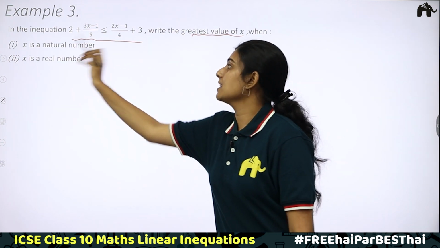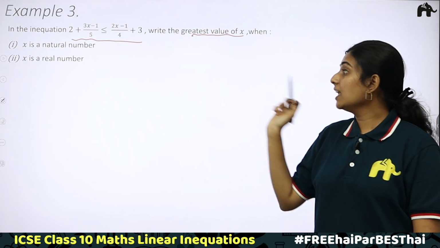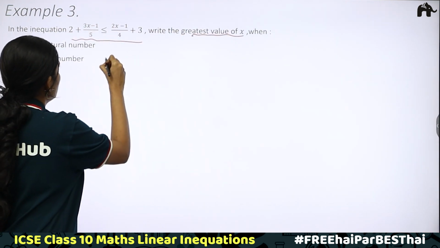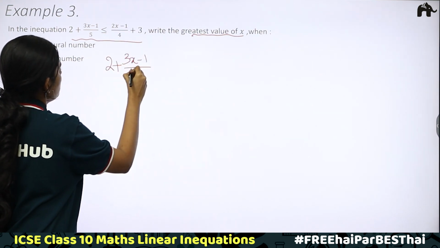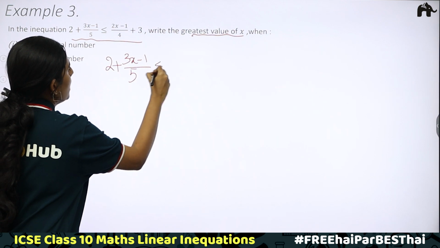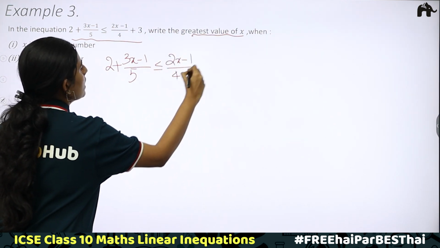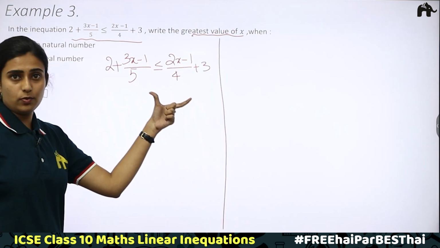First condition is x is a natural number and the second part the condition is x is a real number. We have the inequation 2 plus 3x minus 1 divided by 5 less than or equal to 2x minus 1 by 4 plus 3. This is our inequation.